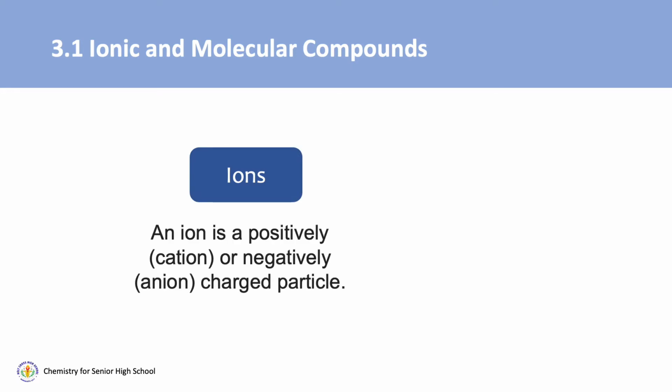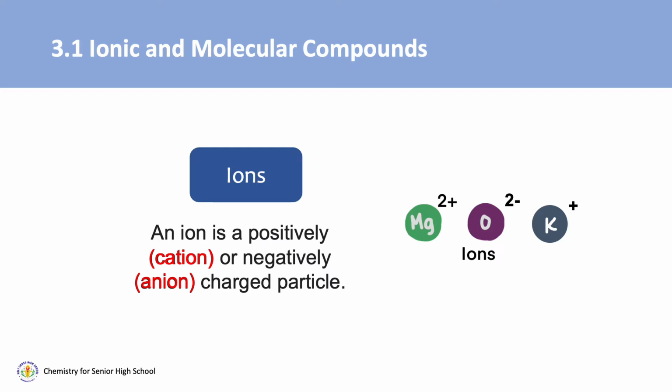An ion is a positively or negatively charged particle. A positively charged ion is called a cation, while a negatively charged ion is called an anion. On the right-hand side of your screen, you will see some examples of ions.